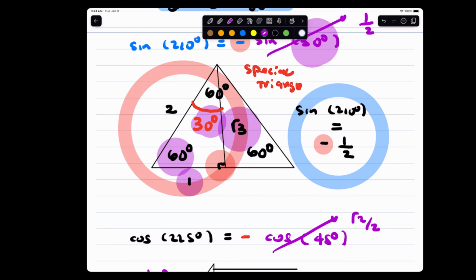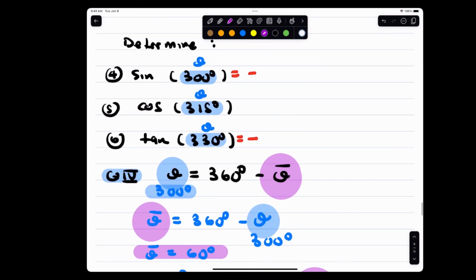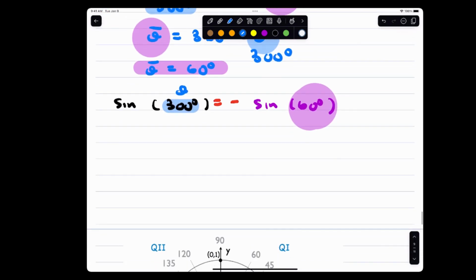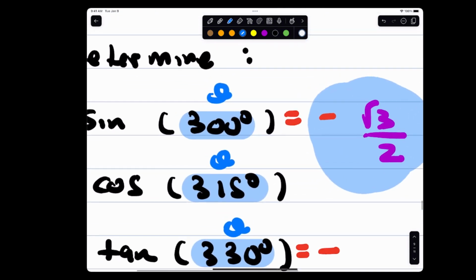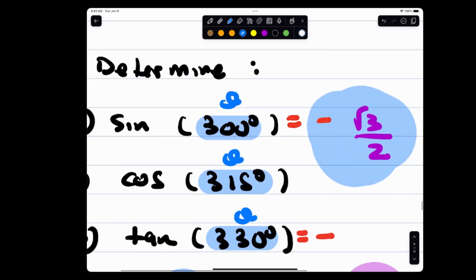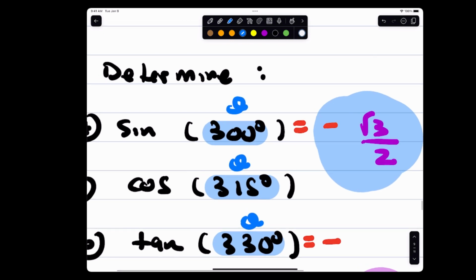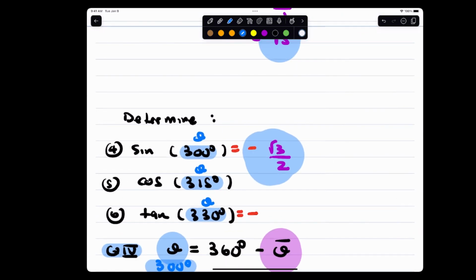Is it opposite over hypotenuse? So what's the hypotenuse in this case? Good. Square root of 3 over 2. So this will be, ladies and gentlemen, square root of 3 over 2. Here's your final answer. Okay, but it'll be negative. Yes. You guys see that? Sine of 300 is negative because in quadrant 4, sine is negative. That's all. That's it, ladies and gentlemen. That's using the acronym of all students take calculus.